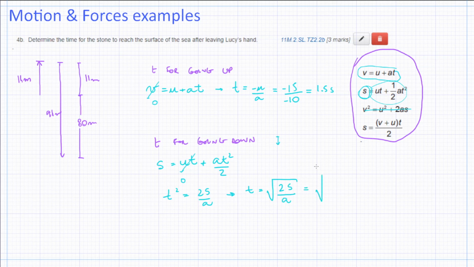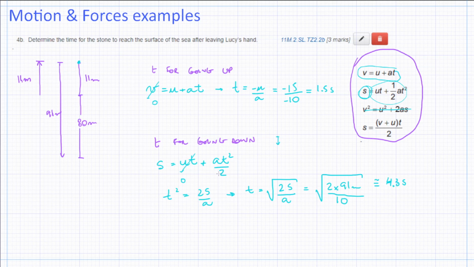So 2 times the displacement. The displacement is 91 meters, because it's the total all the way from where the stone has reached the highest position all the way to the bottom of the pit. So 2 times 91 divided by 10. And this would be about 4.3 seconds, again up to 2 significant figures.